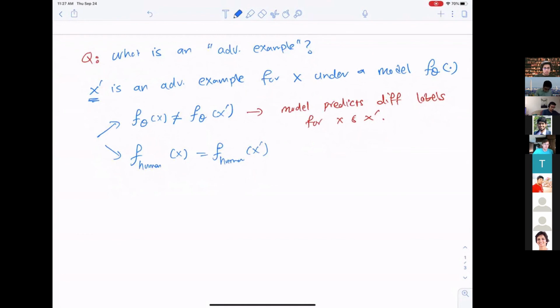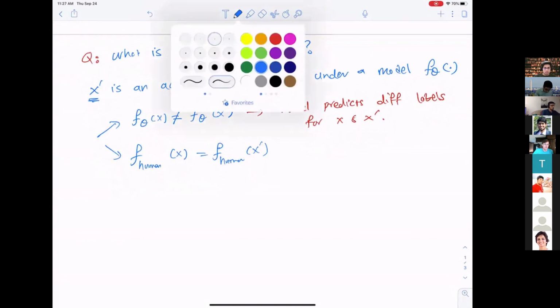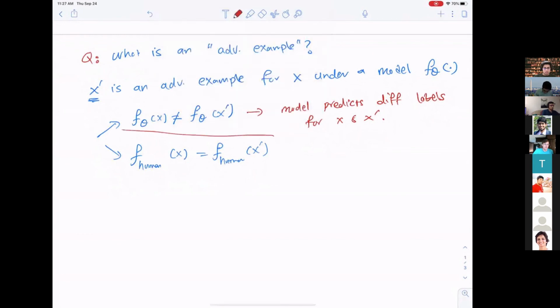But as your friend mentioned, what is this part, right? Even in the definition of an adversarial example, we have this constraint that we want to find X primes such that the true label of that example is not changed under the perturbation.